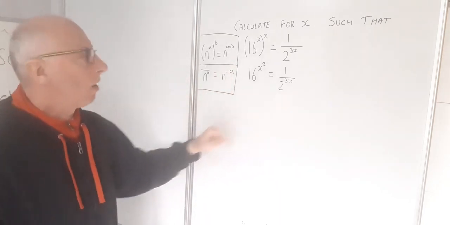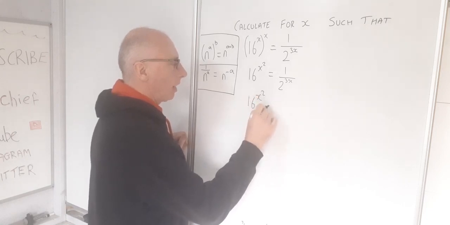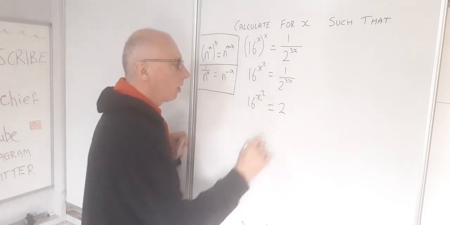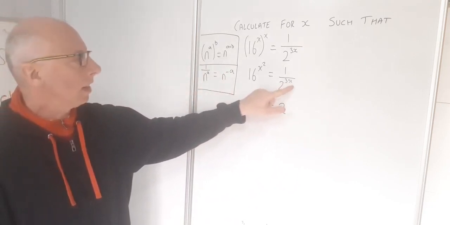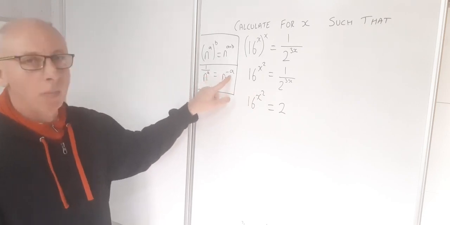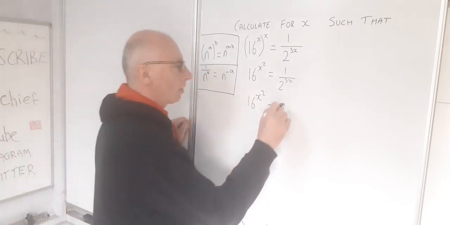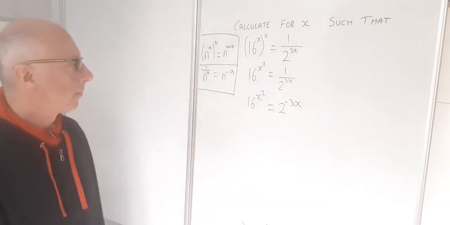So let's use that on this one now. 16 to the x squared equals 2. Now we've got a 3x in our indice there, so our a can now become minus a. So we've got minus 3x. So that takes care of that.